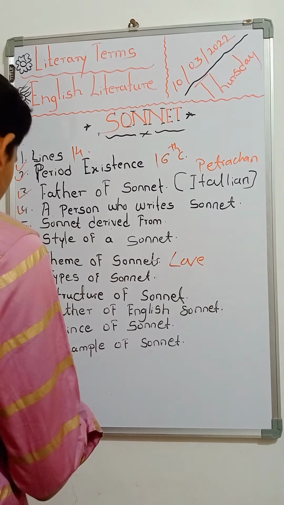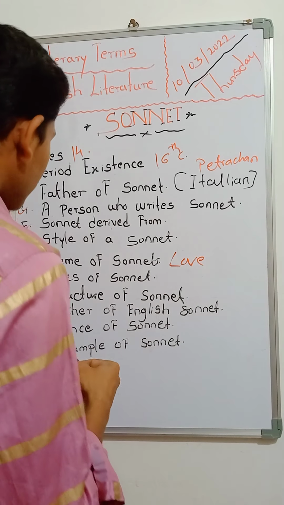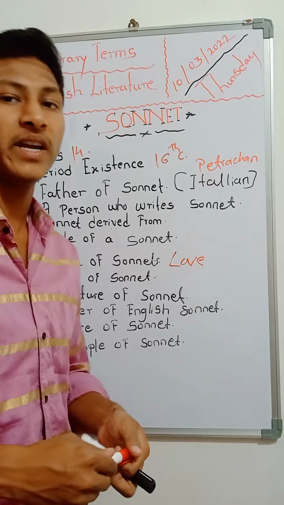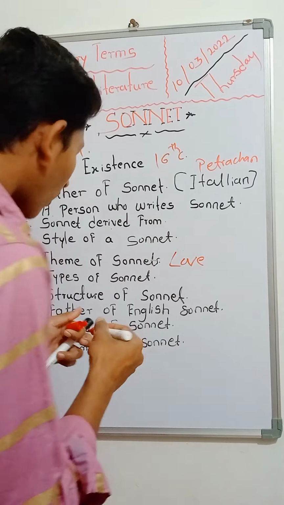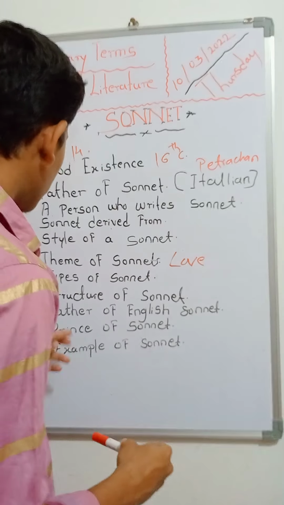Now, this is the time to know about the father of the English sonnet. The father of the English sonnet is Sir Thomas Wyatt, who first brought the sonnet to the English language in England.